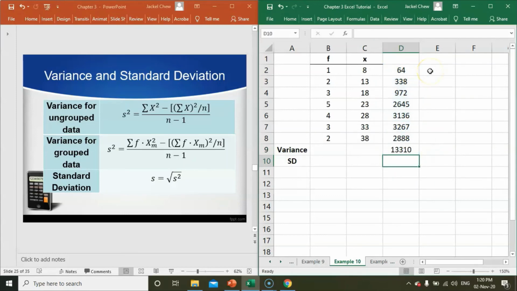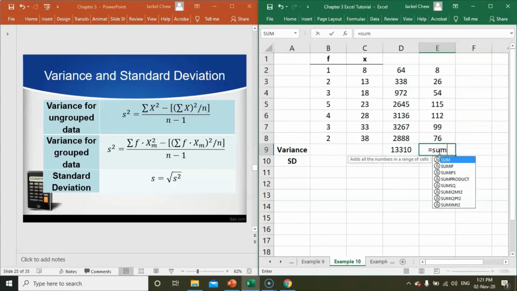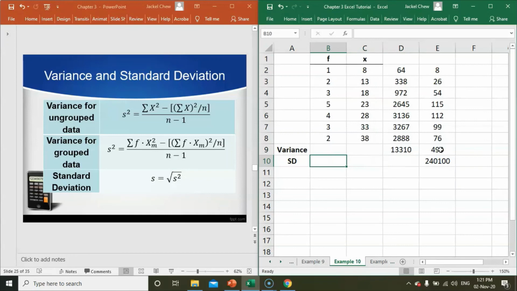Then the next one is the sum of fx and the square of it. And then the square of this one will be times itself. And then the n will be the sum of frequency.